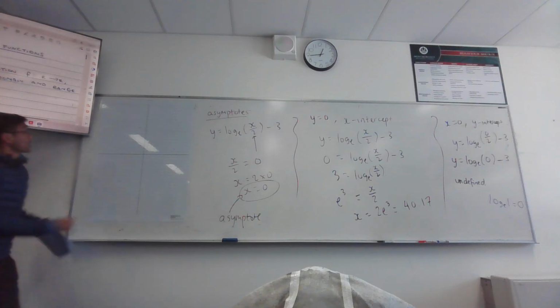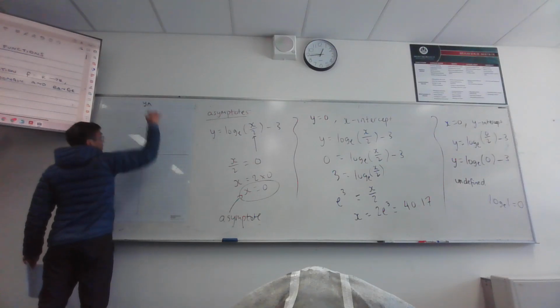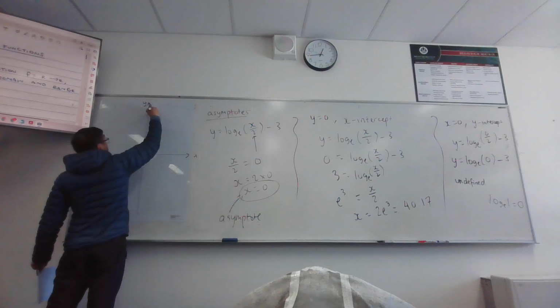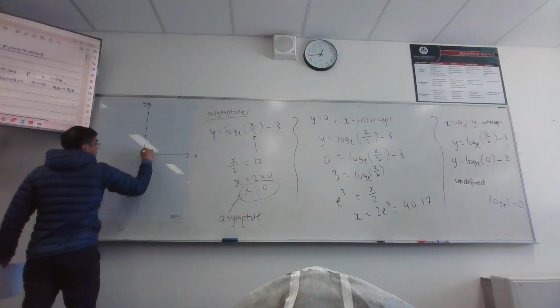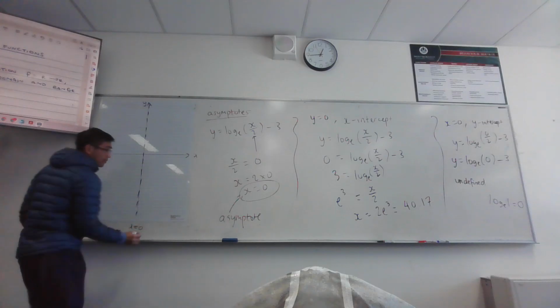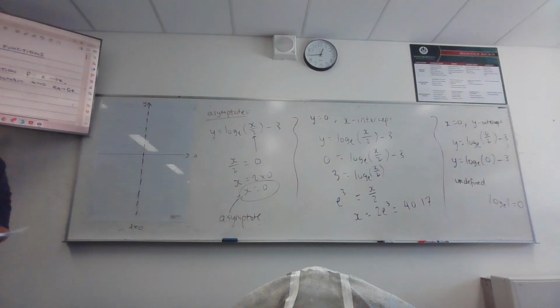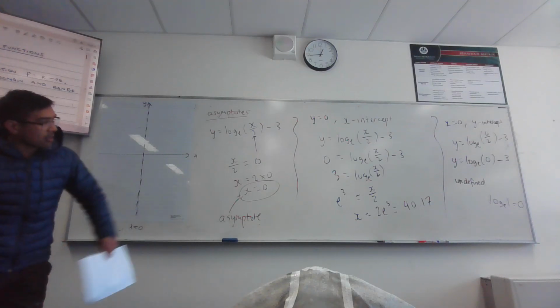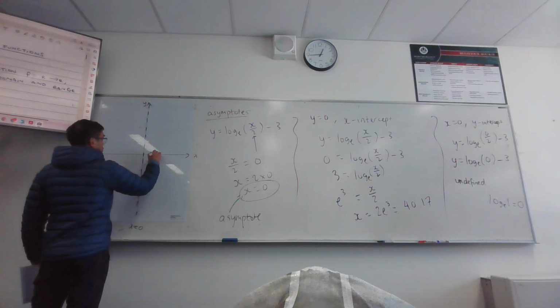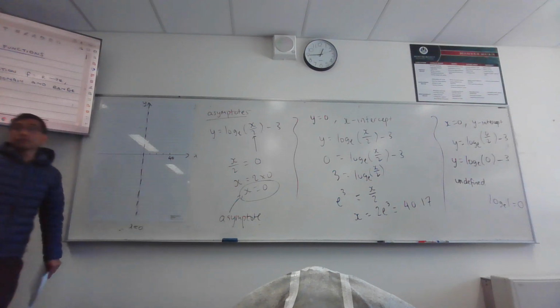Do not get this mixed up. Our asymptote here, x equals 0, is this guy right here. It's not flat, it's the one going up and down. Okay. Let's start plotting our x-intercept at (4, 0). 1, 2, 3, that's 4.